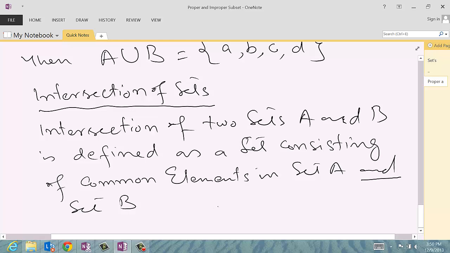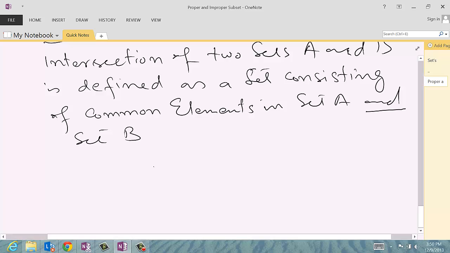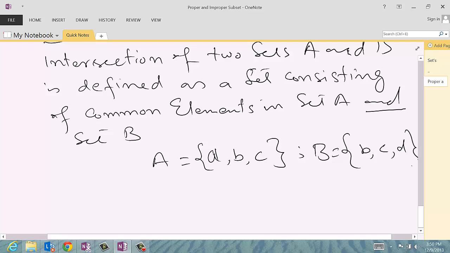So in this case, let's say that we are using same sets A, B, C, and then we have another set B which is equal to B, C, D. Guess what? What is going to be intersection? A intersection B is denoted by this symbol. A intersection B is equal to, well, A is in set A, but it doesn't belong to B, so that A cannot be included in the common elements.